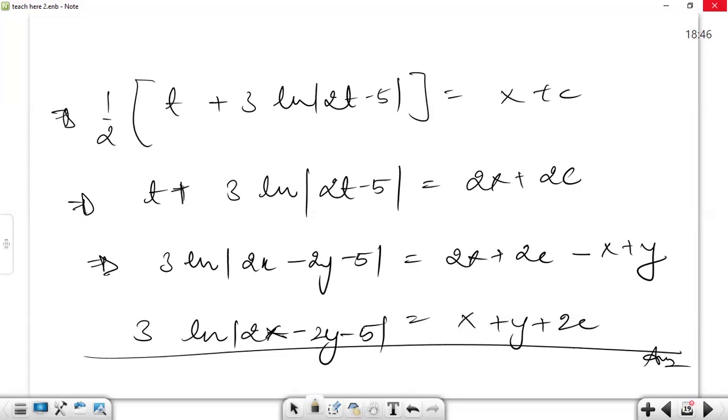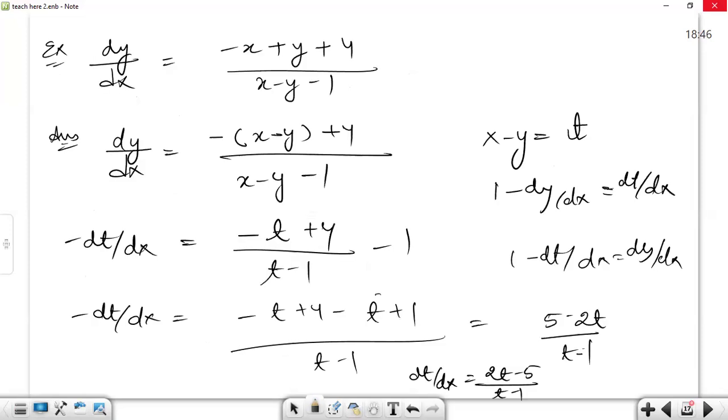Clear? Yes, sir. Any doubts? No, sir. Simply what we have done is we were able to spot a common variable in the function. This was a function of two variables, and we were able to make it a function in this format, by making a common variable.